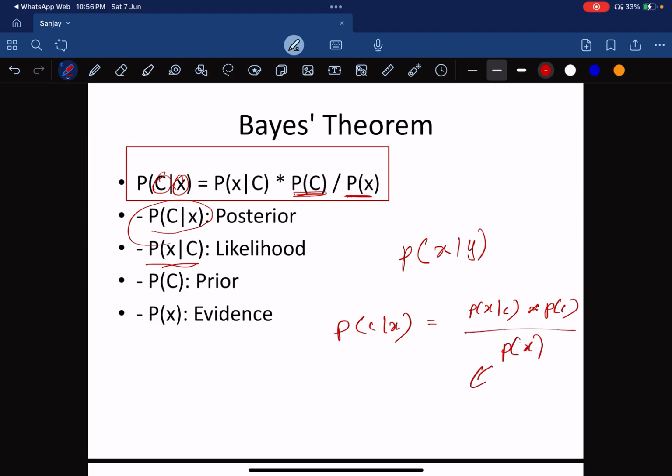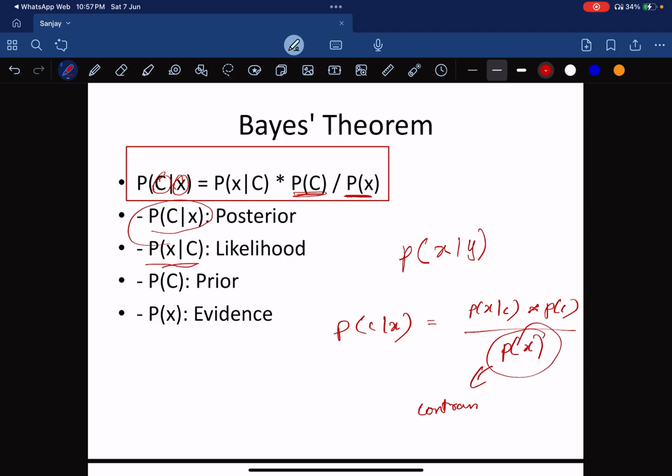The p of x is constant, right? Because after training, the number of words in each class is constant. So the probability of each word in each class is also constant. After finding the frequencies of words in the classes, the p of x will always be constant.